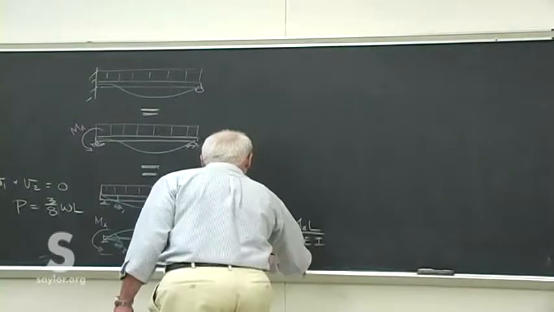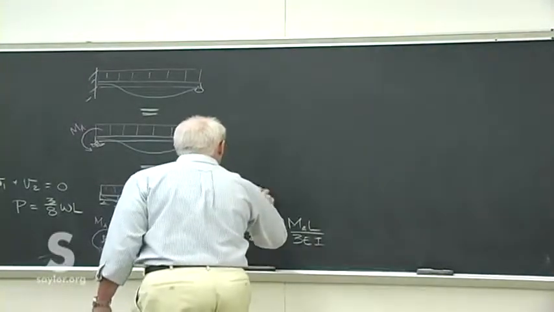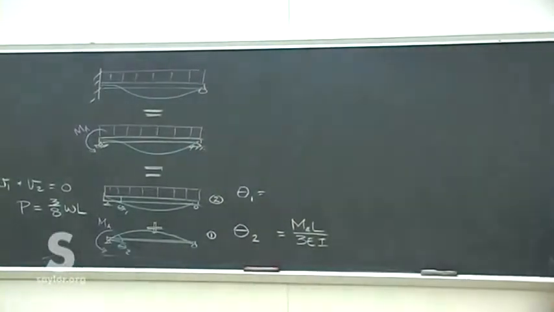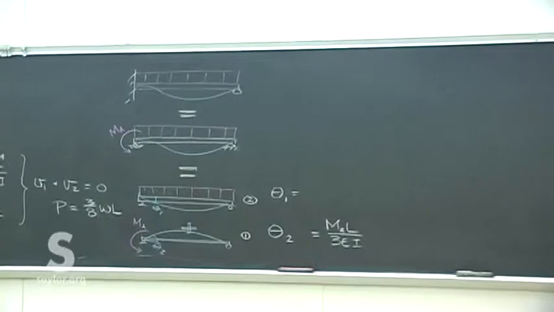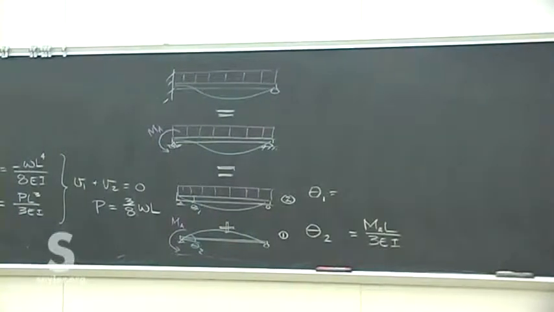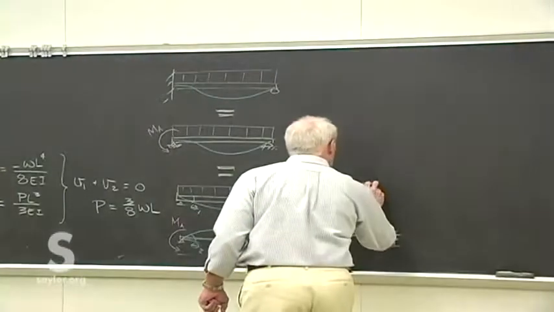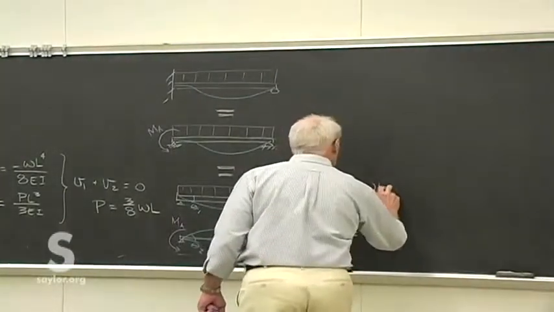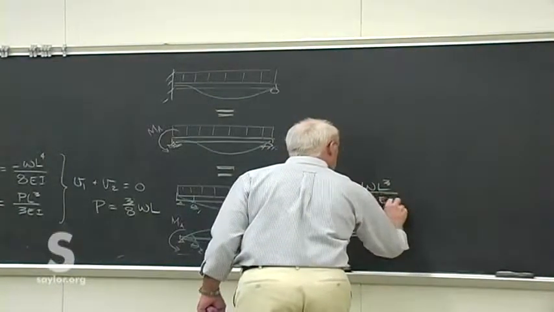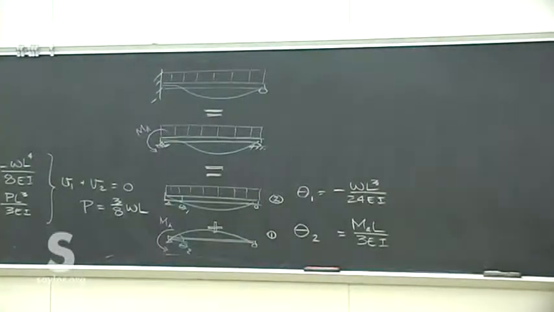Actually, I don't want this as theta max. Just theta 2. And theta 1, it doesn't matter which end we use because it's symmetric, so it's minus WL cubed over 24 EI. Did I read that right? Minus WL cubed, yeah.